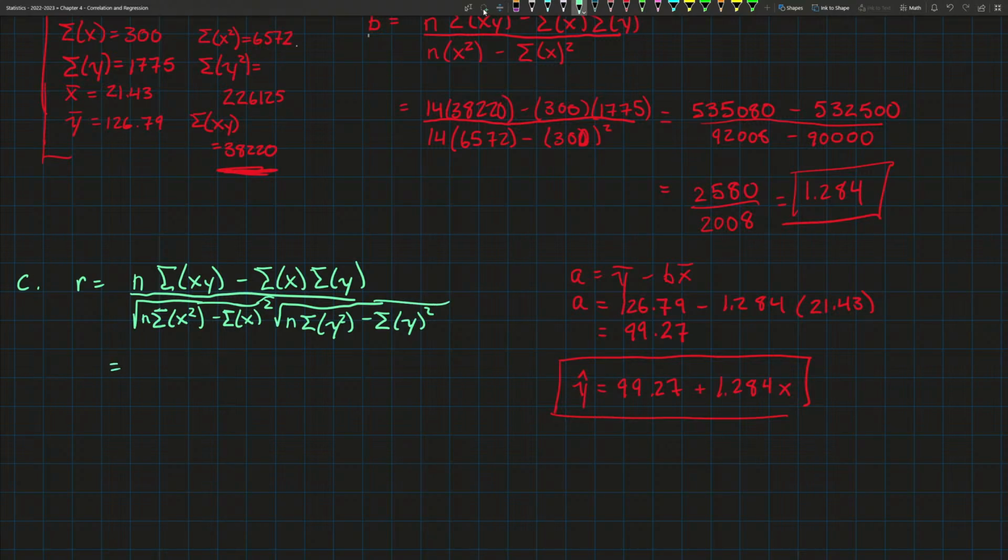So 14 times the sum of xy, 38,220, minus the sum of x times the sum of y, which is just 300 times 1775.